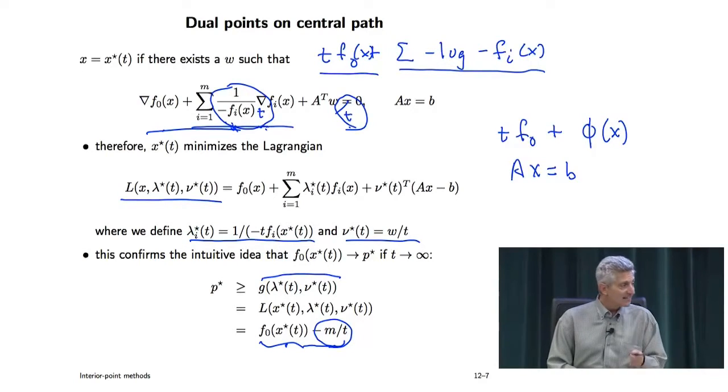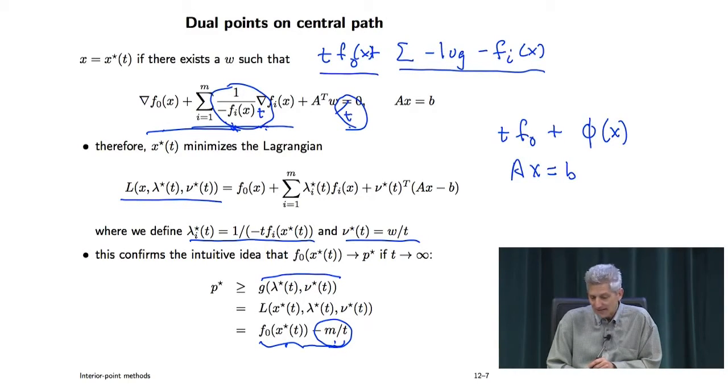And the associated gap between the upper bound on the objective value, which is f0 of x star, and g of lambda star, nu star, the difference between those two will be exactly m over t. Okay?